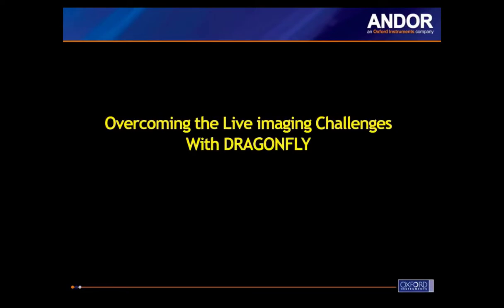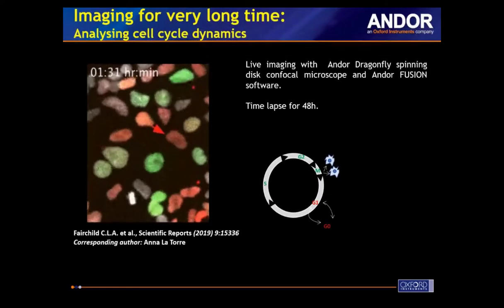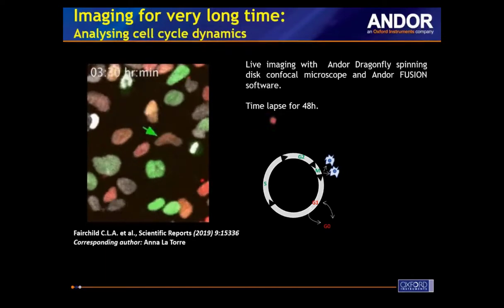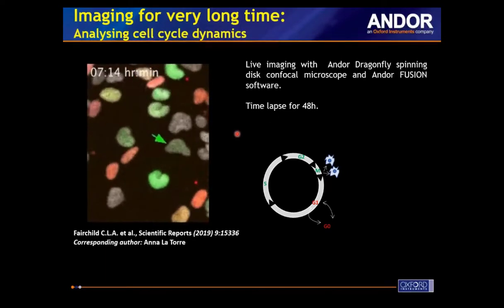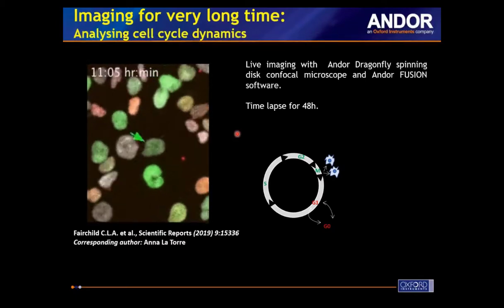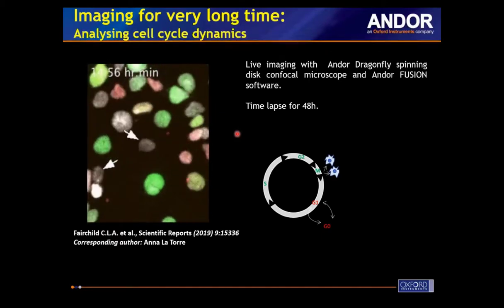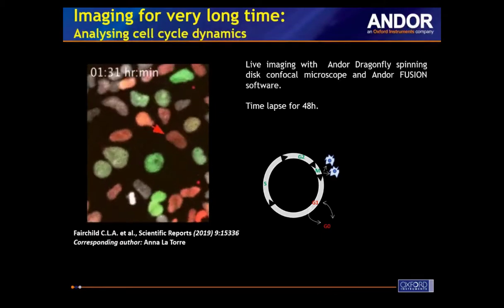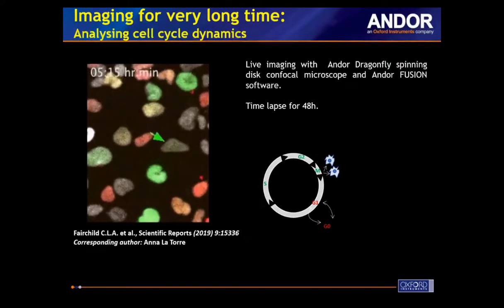I will now present real-life examples of overcoming live imaging challenges with the Dragonfly. In this example, researchers were able to do a time-lapse for 48 hours using the Fusion system, acquiring images in double color simultaneously, and even after 48 hours of imaging the cell cycle dynamics, cells were still dividing happily thanks to the Dragonfly spinning disk system.